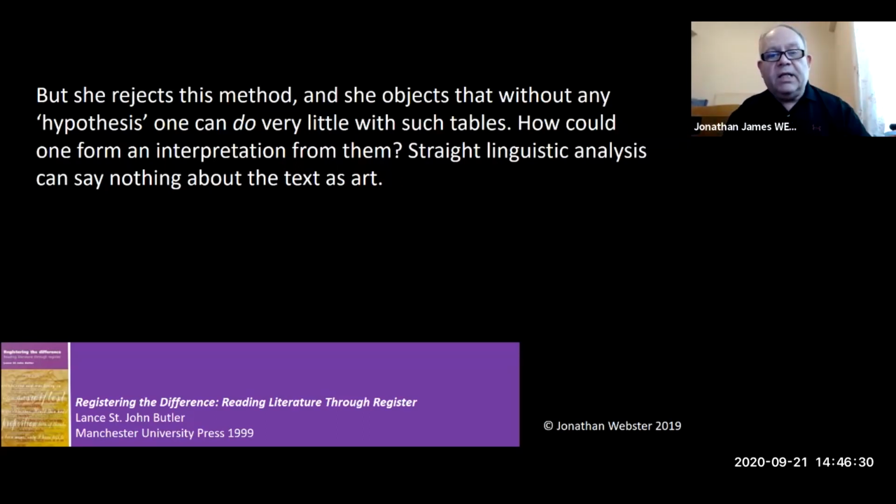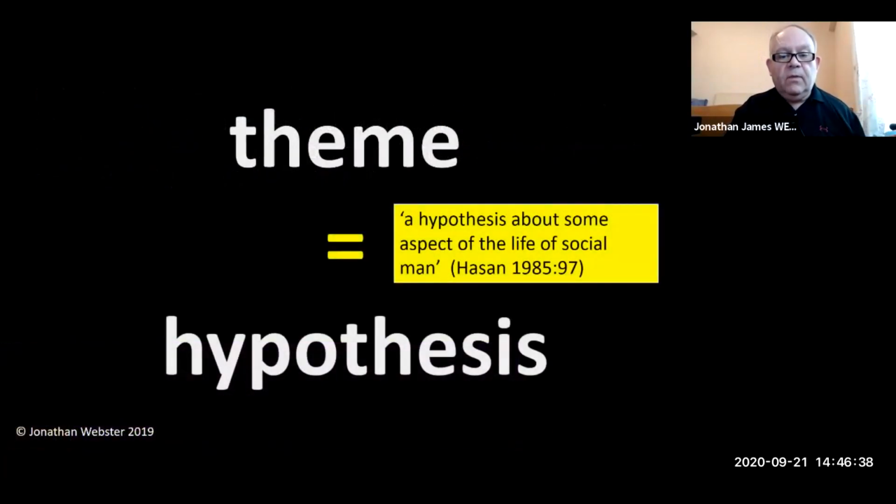And what she's saying is that you have to have a hypothesis about what is that poet's hypothesis. What is theme? Theme is your hypothesis about the hypothesis being put forward. What is the deeper meaning? You have to have a sense that, in fact, yes, there is. What is that deeper meaning? What is it that's being said? What is the theme?